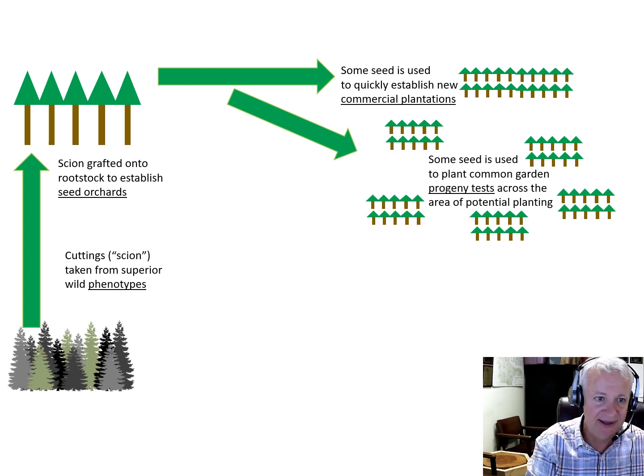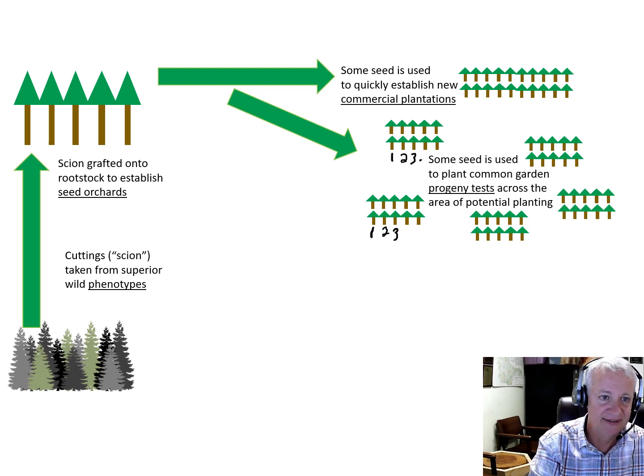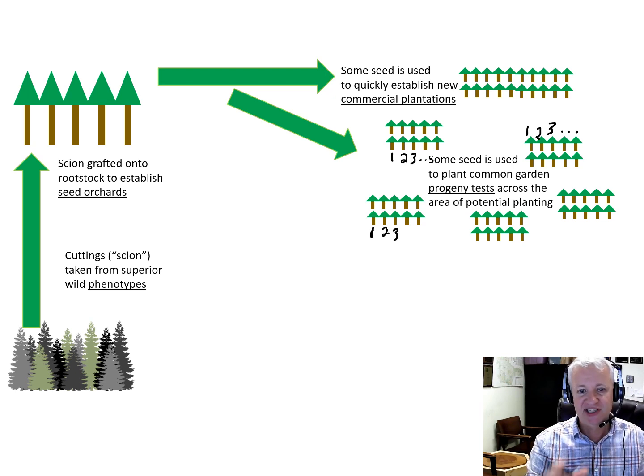So this might be offspring from parent 1, offspring from parent 2, offspring from parent 3, and you have those offspring from the same parents in multiple different locations. Okay? So each of those is a common garden study.